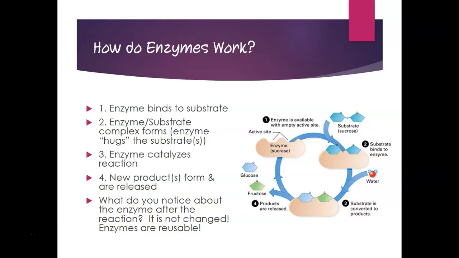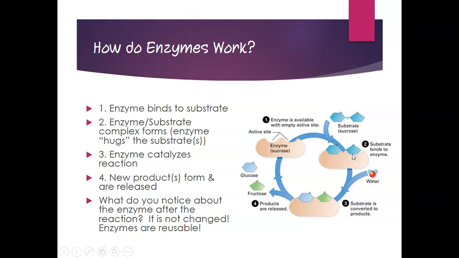So if I look at sort of a basic cycle for how an enzyme would function. Alright, here's my enzyme, and I've got sucrase as an example here. Active site is specifically shaped, in this case, for the sucrose that it's going to break down. Alright, and the first thing that needs to happen is that sucrose needs to bind to the sucrase itself.